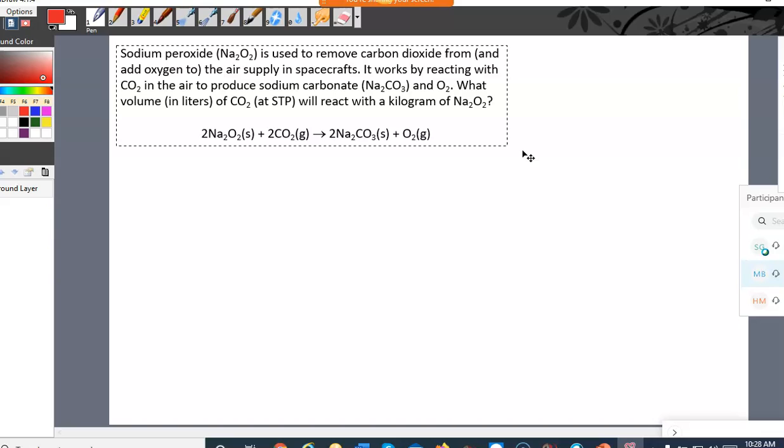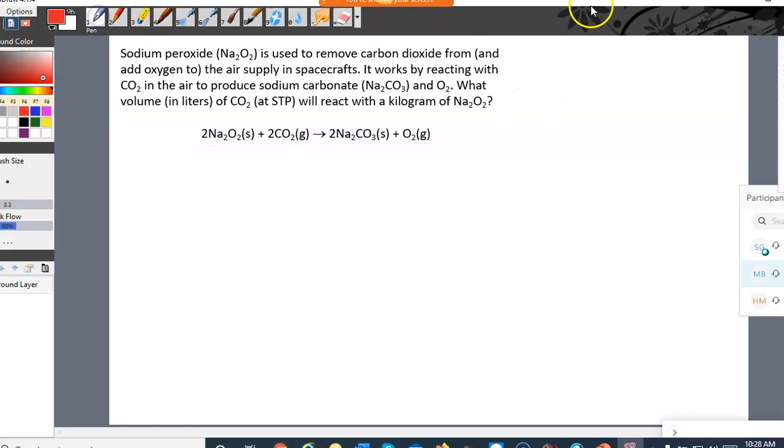So just to remind you, your pressure is 1 atmosphere and your temperature is 0 degrees Celsius. This is what STP, standard temperature and pressure, means. So when they say it's at STP, they're telling you this is your pressure and your temperature. Okay? So I want you guys to work on that. I'll give you a little bit of time.